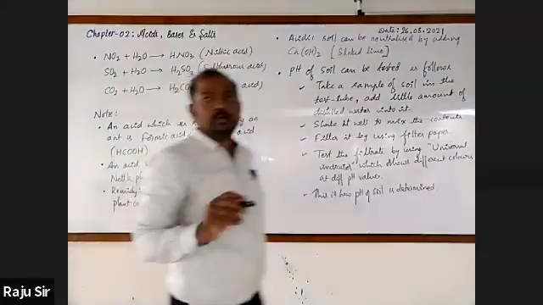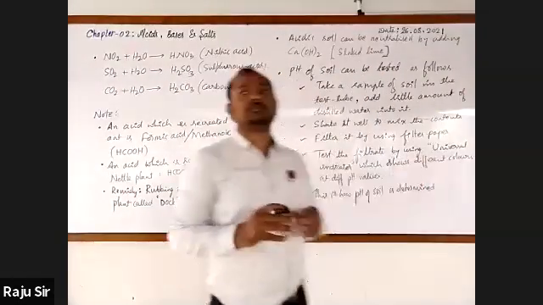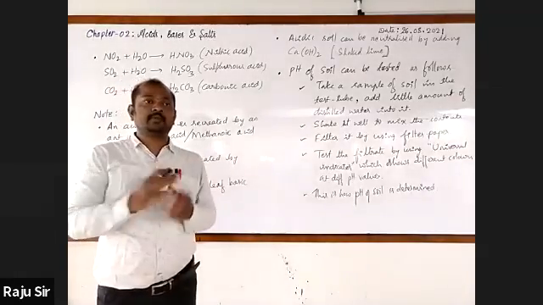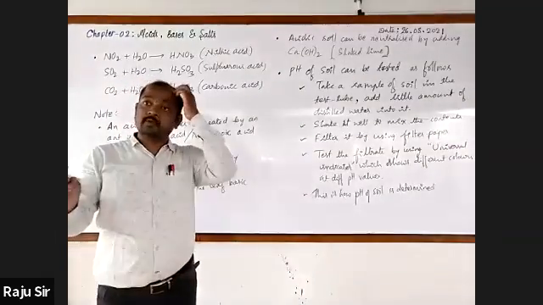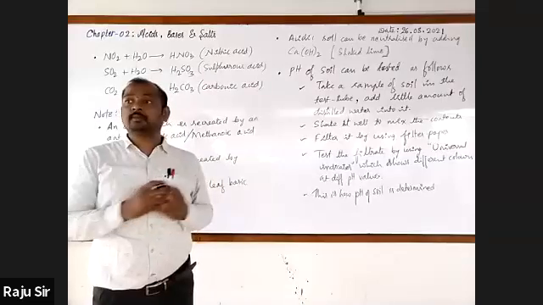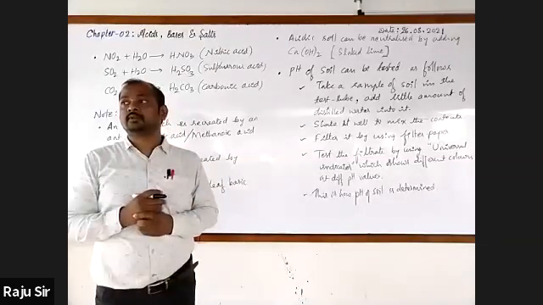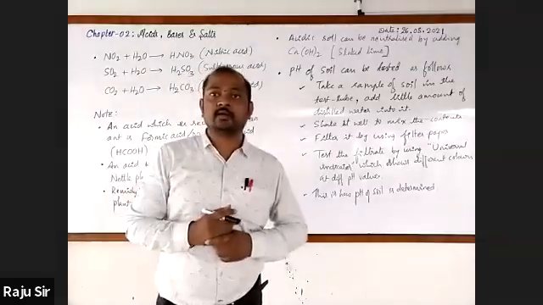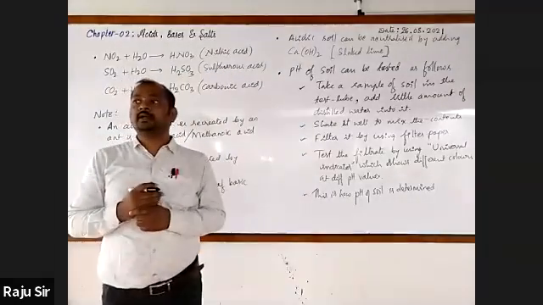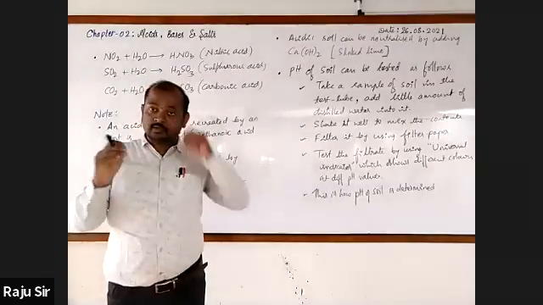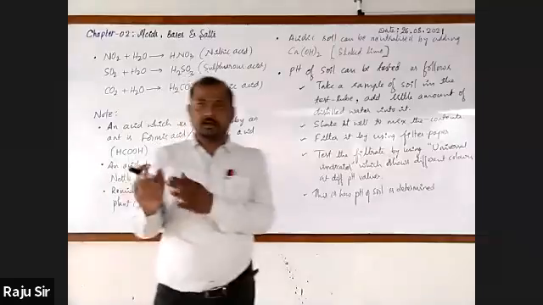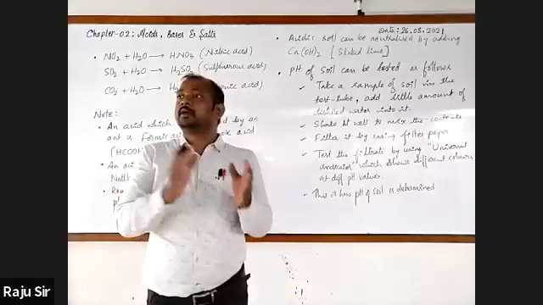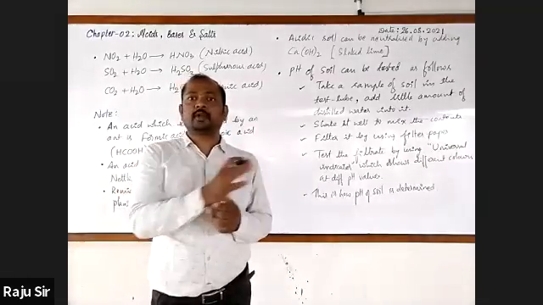And you also know one thing, that to keep the milk fresh, the milkman will go for adding a chemical compound. Which one? Baking soda. Why is it added? To avoid the spoilage of milk, keeping the milk fresh for a longer time.